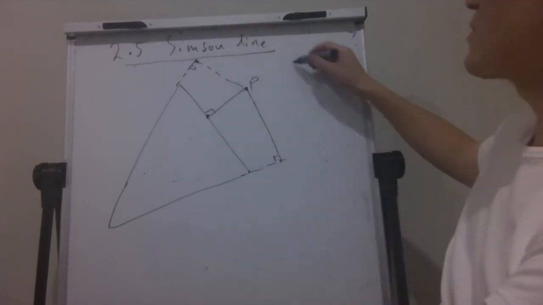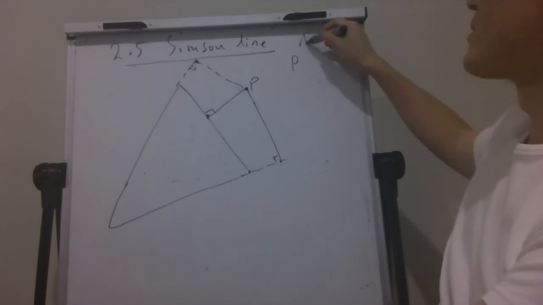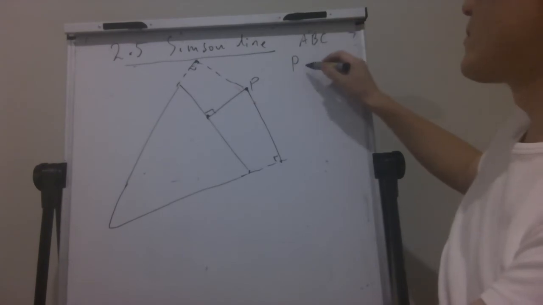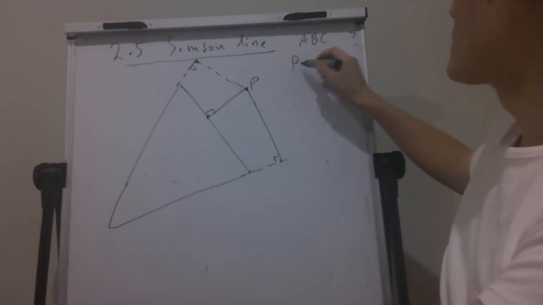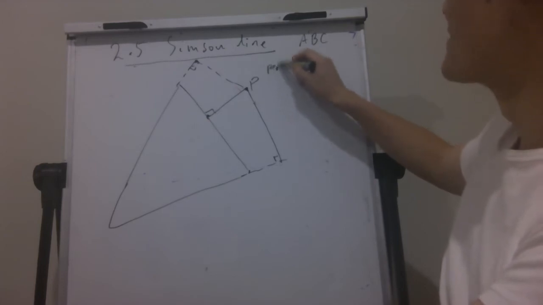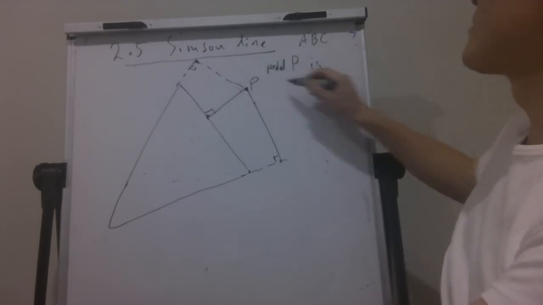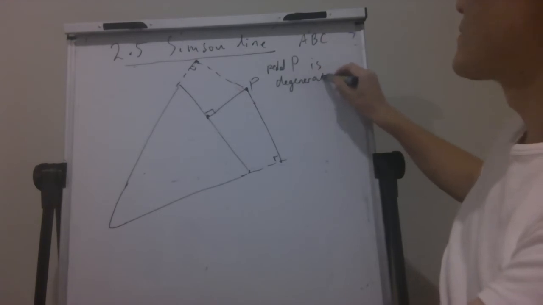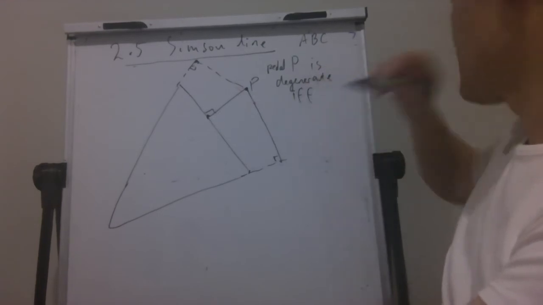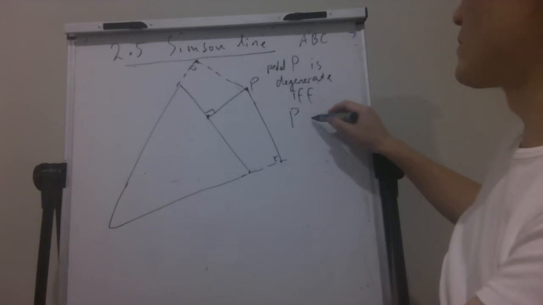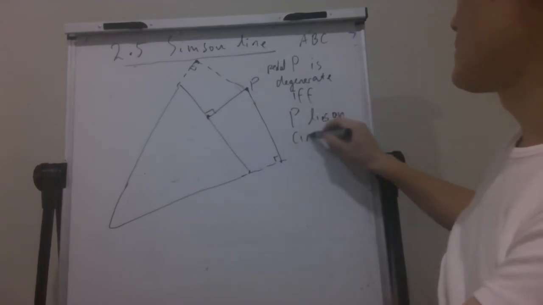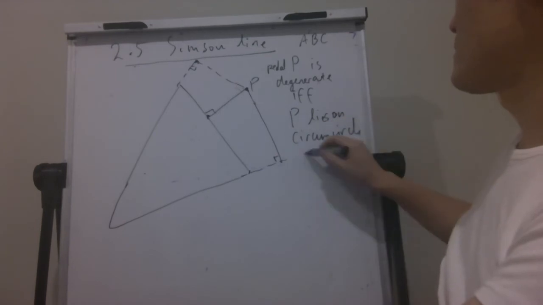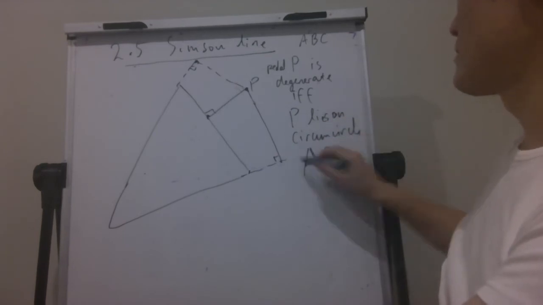So P, and ABC is a triangle, right? Is the pedal triangle for P. The pedal triangle for P is degenerate if and only if P lies on the circumcircle of triangle ABC, yeah?